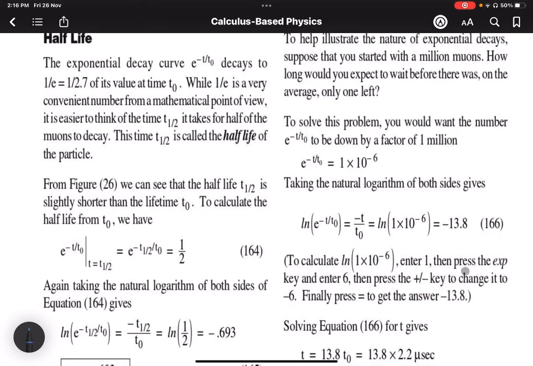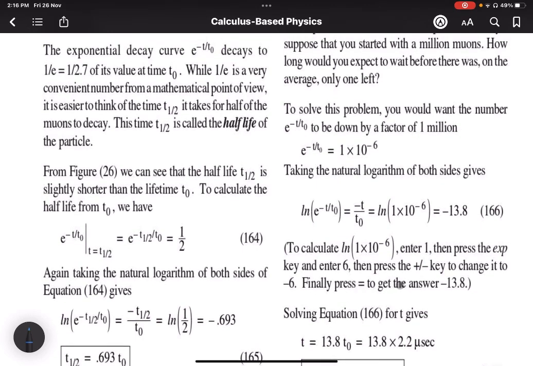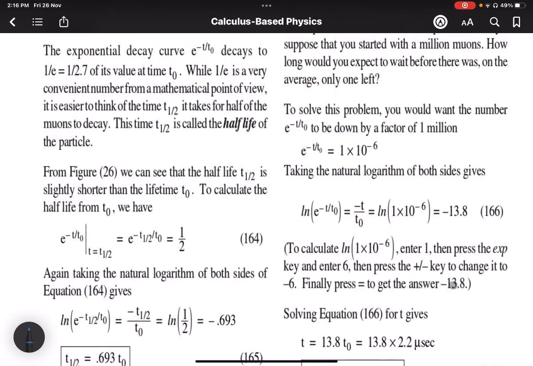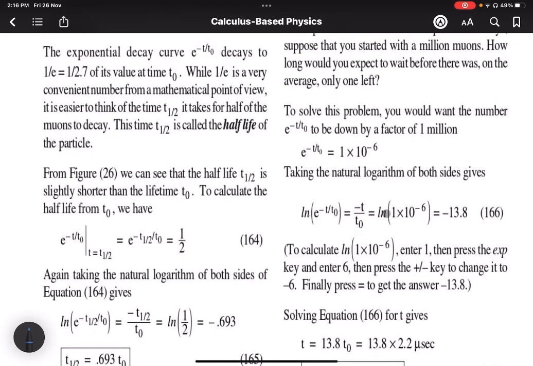enter 1 using the calculator. Then press the exp key and enter 6. Then press positive negative to change the sign of the number. Then finally press equals to get the answer, negative 13.8. Just follow the formula and then press ln.